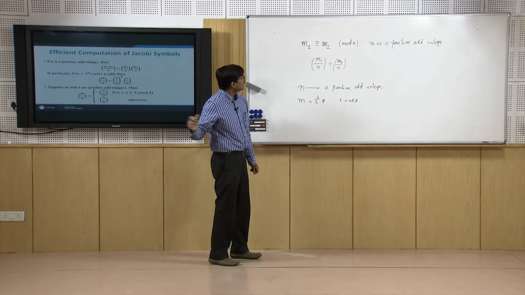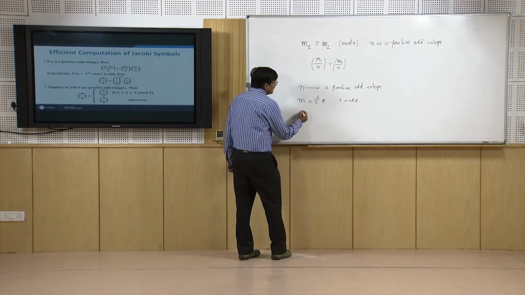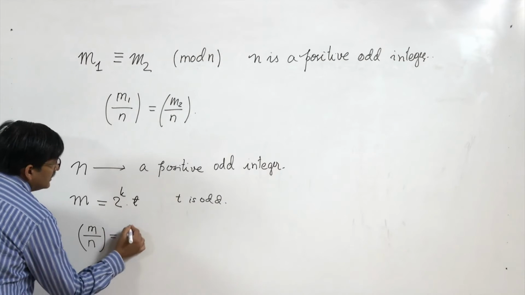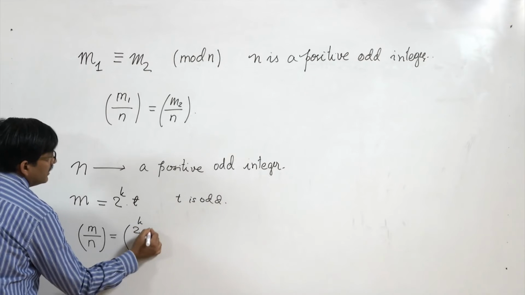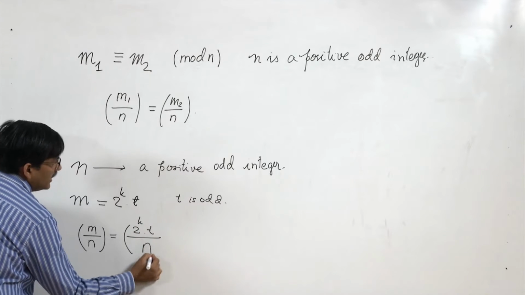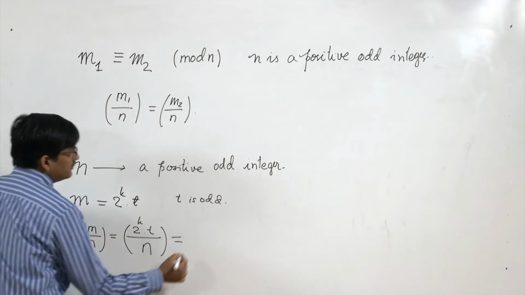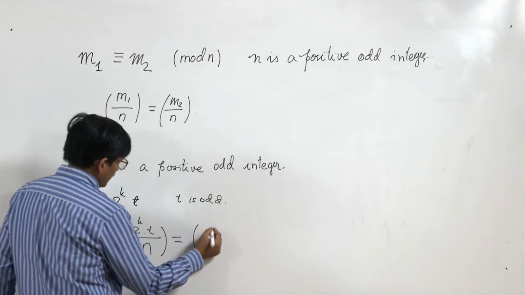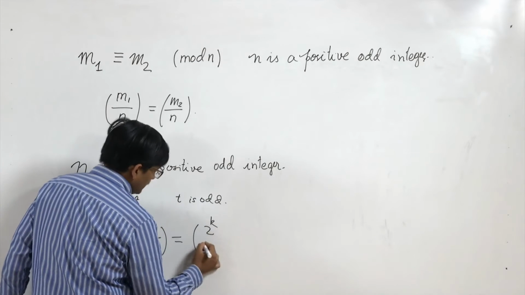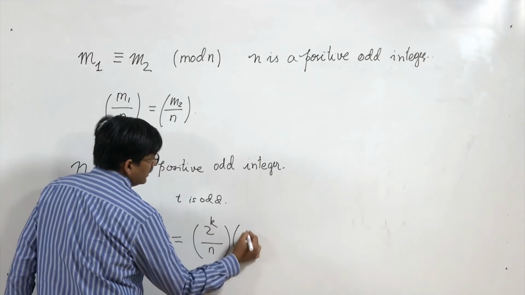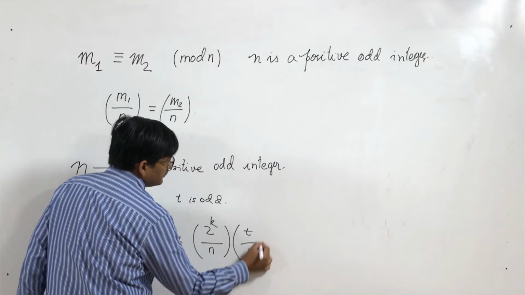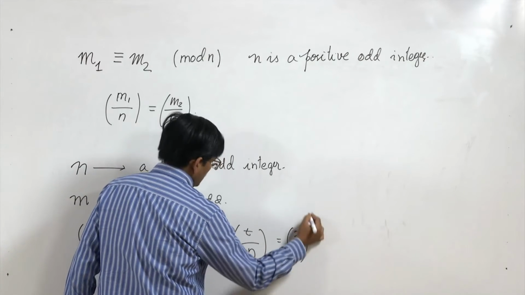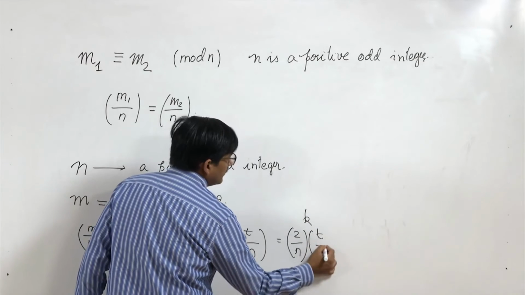Now our property tells that if you have m by n, this is 2 to the power k into t divided by n, this is equal to, by using the property at the top, 2 to the power k divided by n, then it is t by n, and this is going to be (2/n) raised to the power k, times (t/n).